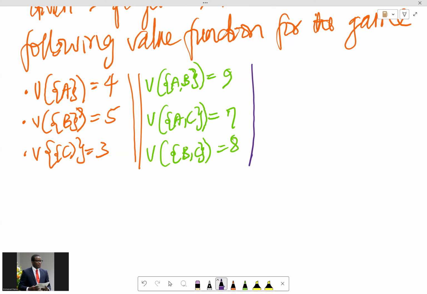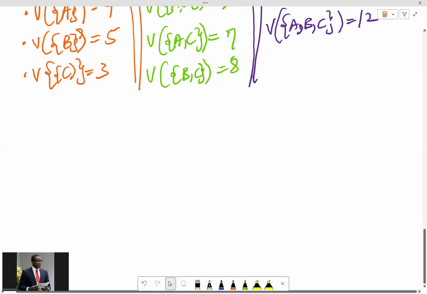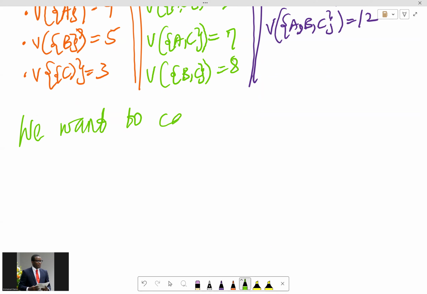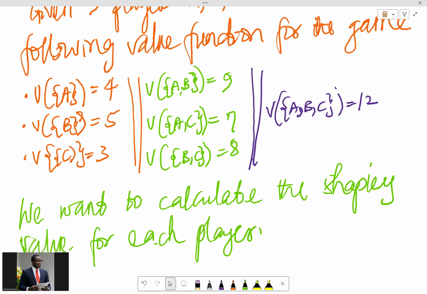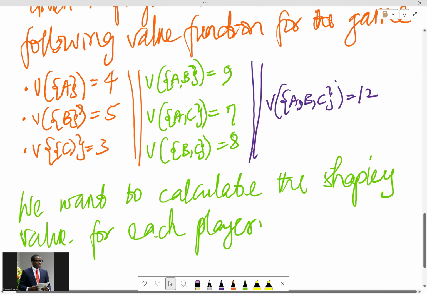Then we have the grand coalition: the value of the grand coalition of all players A, B, C is 12. Now, the next thing we want to do is calculate the Shapley value for each player. That's our goal.